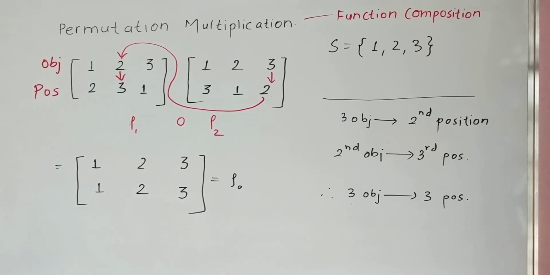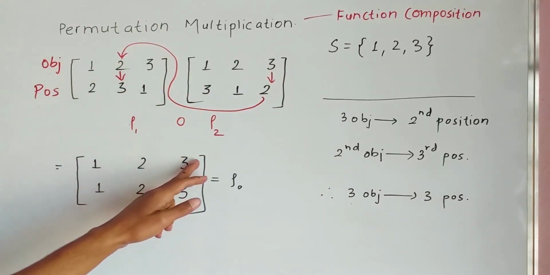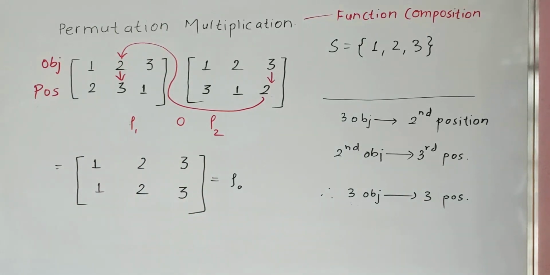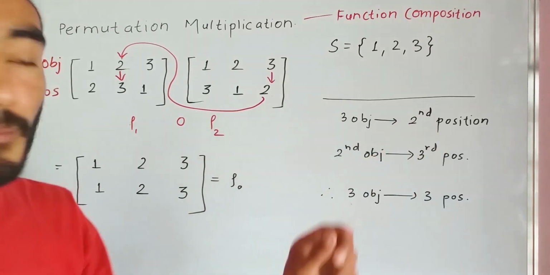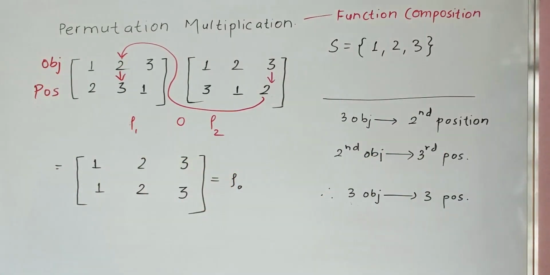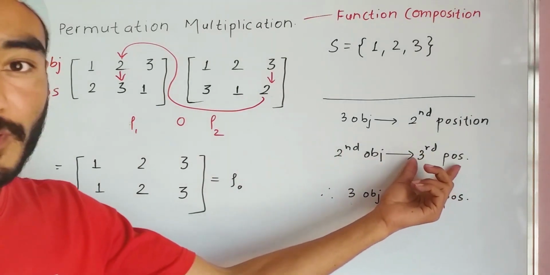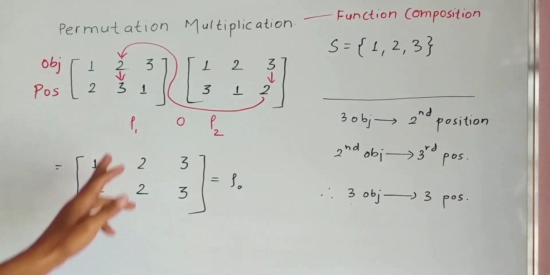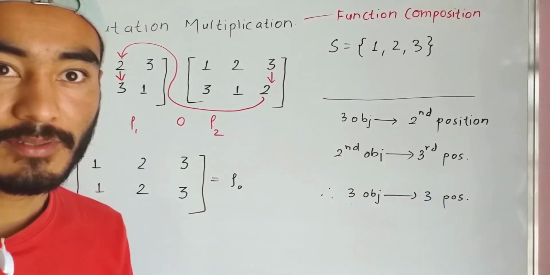And altogether we have third object goes to third position. We have written it here. Third object goes to second position by rho 2, then by rho 1 the second object goes to third position. Therefore, the operation rho 1 of rho 2 takes third object to third position.